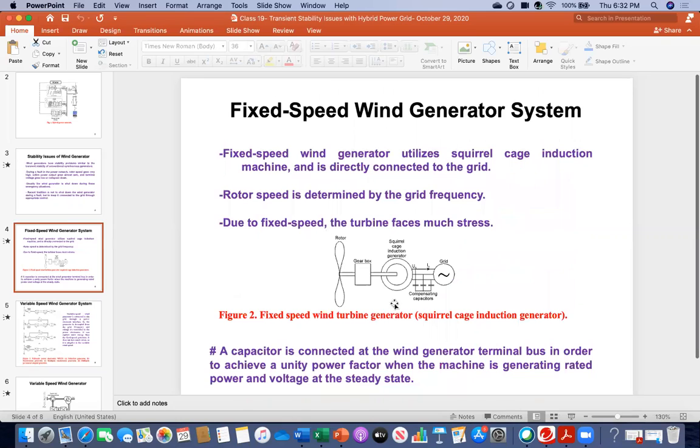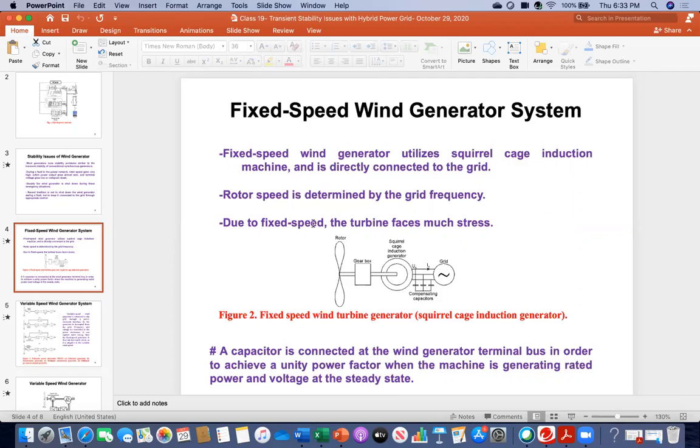As you can see here, we are by force making the speed constant. Whatever the wind speed, it changes accordingly, but on that side, with the help of a mechanical arrangement, we are maintaining a fixed speed. And that causes it to face much stress. This also means that we are losing some of the energy.